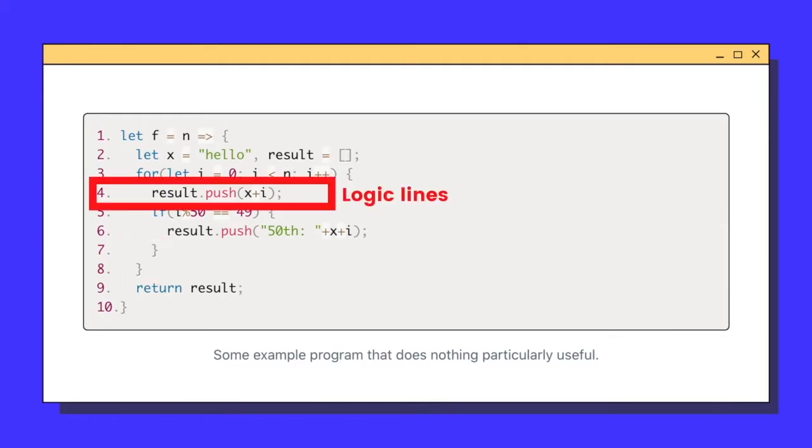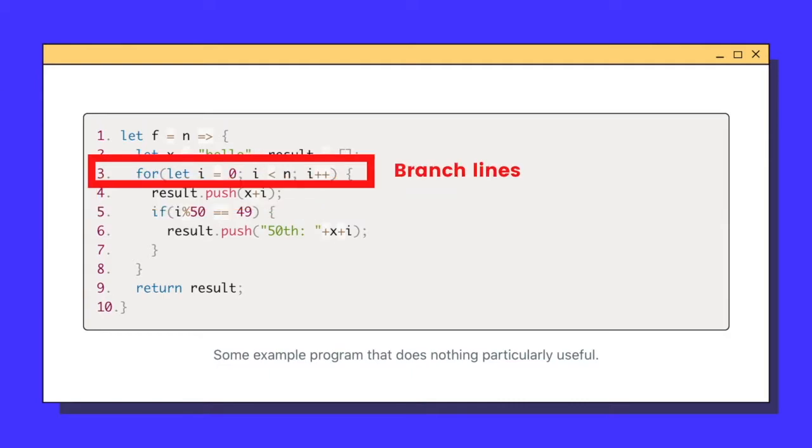There's logic lines, like this one, which actually have side effects. And by side effects, I mean that these lines, if you remove them, would change the behavior of the program. And there's branch lines, like this one, which change the flow of the program. So for loops and if statements in programming are used as constructs that change the order of the commands that run.